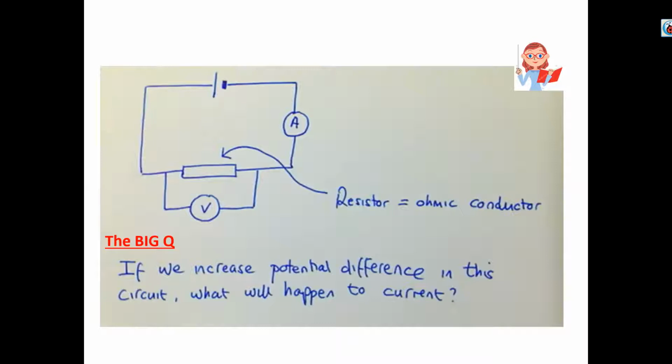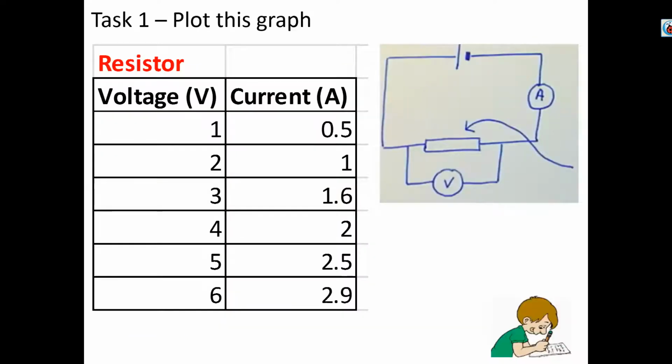What you're looking at there is the circuit that you would set up using an ammeter and a voltmeter to measure current and voltage, and then we would divide voltage by current to find the resistance. Here's a set of typical results that we might get for that experiment. As we increase the potential difference or voltage, the current also increases.